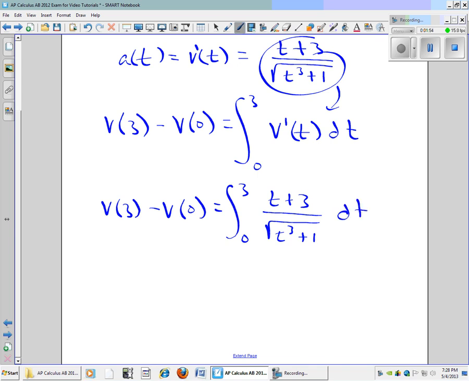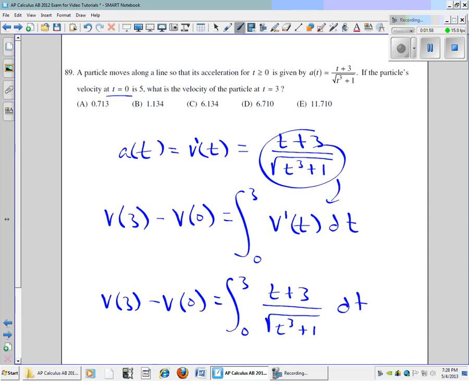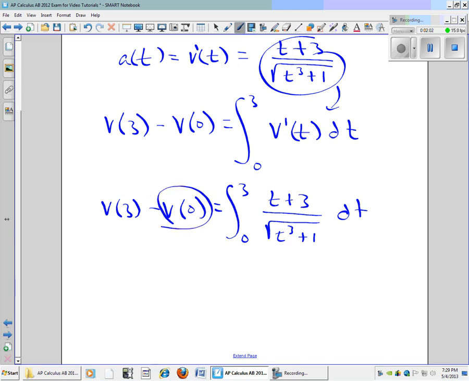Now, we were given one other piece of information, and that is the velocity at time t equals 0 is 5. So I can substitute in for this value. I'll have the velocity at time t equals 3 minus 5 is equal to the integral from 0 to 3 of t plus 3 divided by the square root of t cubed plus 1 dt.